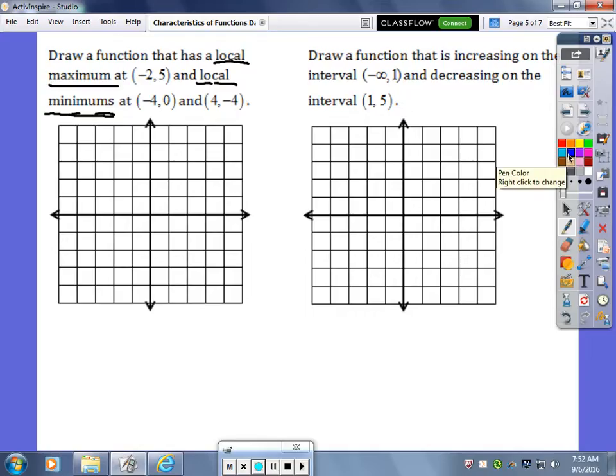So our local maximum is at (-2, 5), in other words, up here. Our local minimums are at (-4, 0), and the other one is at (4, -4). Now remember, a local maximum is a point that looks kind of like it's on the top of a hill, and local minima or minimums look like they are at the bottom of a valley.